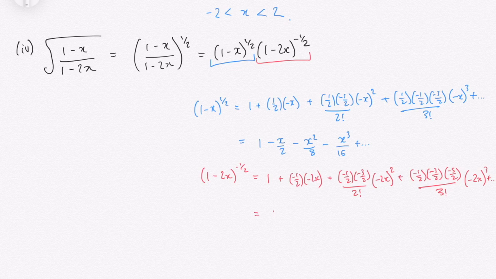Simplifying this, we get 1 plus x plus 3 over 2 x squared plus 5 over 2 x cubed.